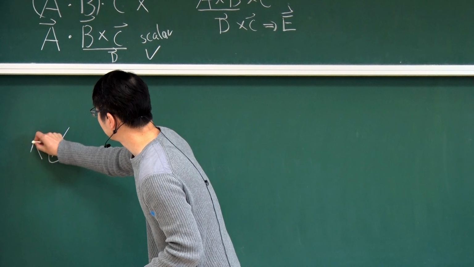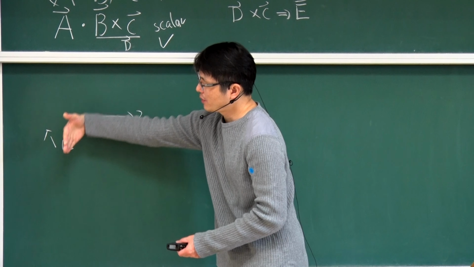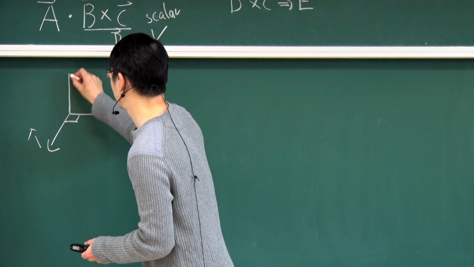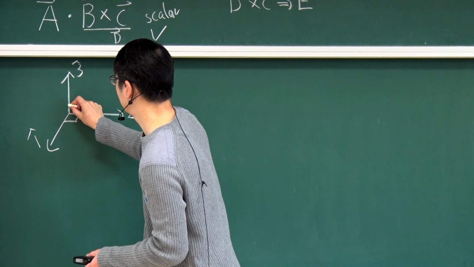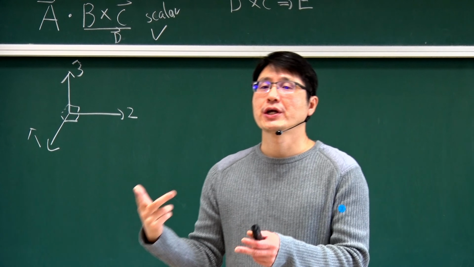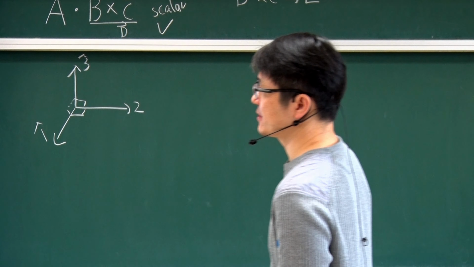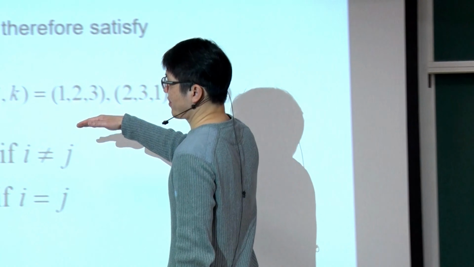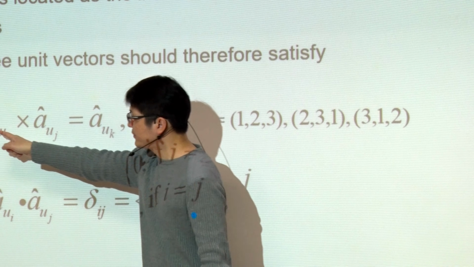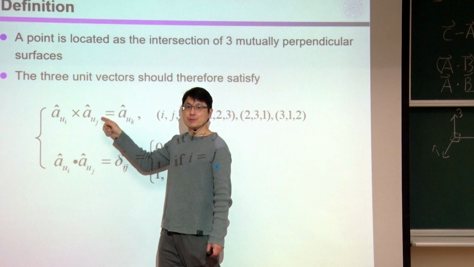This is 1, and this is 2, and they are perpendicular. So 1 cross 2 equals 3. So they are all perpendicular to each other. Okay. That's the first sentence. Written in math. And this relies on your knowledge of cross product. After you perform cross product, the result is perpendicular to both.